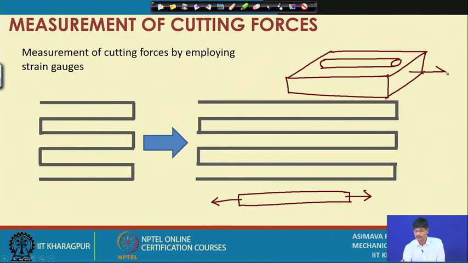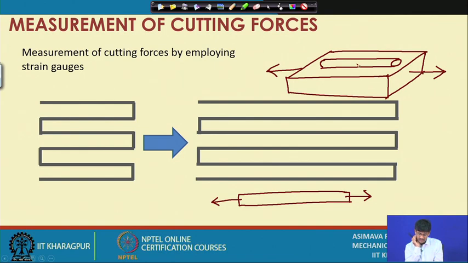If I pull the body, it is going to undergo longitudinal strain, and this element will undergo the same amount of strain. There will be no relative motion between the top surface and this particular element. So, it undergoes longitudinal strain.